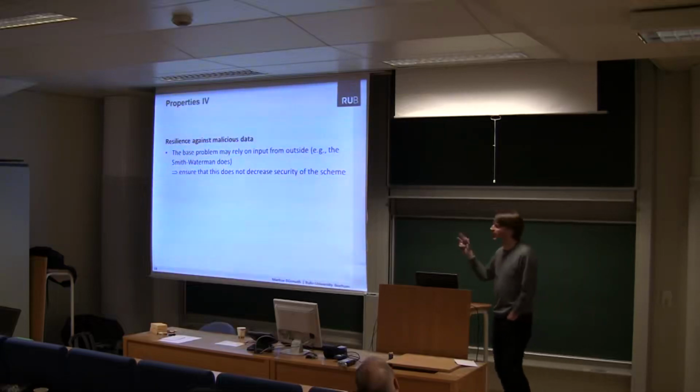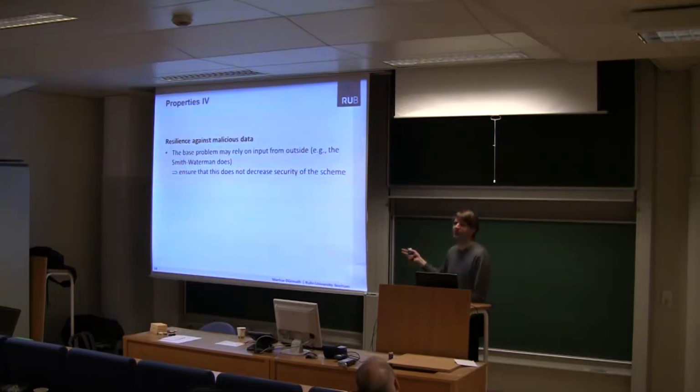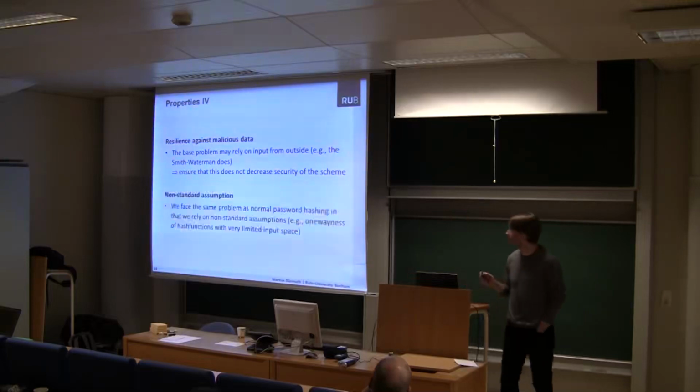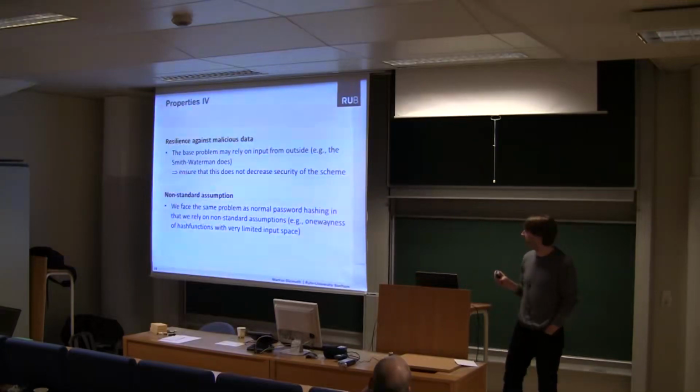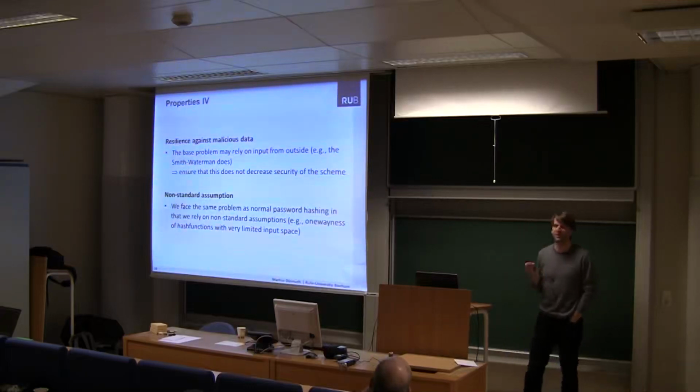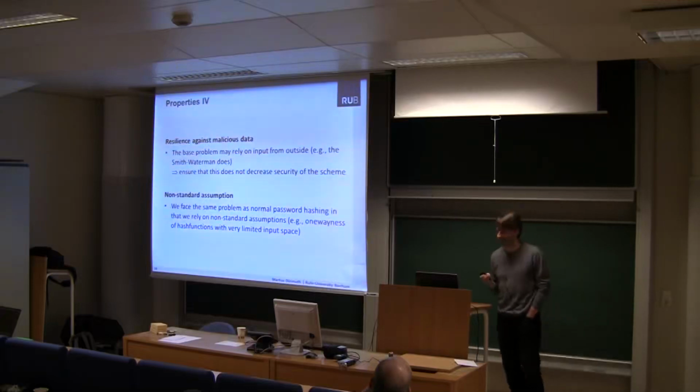So the DES example is resilient to maliciously chosen data, but there might be other base problems that are not resilient to maliciously chosen data. And you have to be careful in construction to consider that problem. And of course, we are relying here on non-standard cryptographic assumptions, but we're doing that all day long, so that should be fine, I guess.